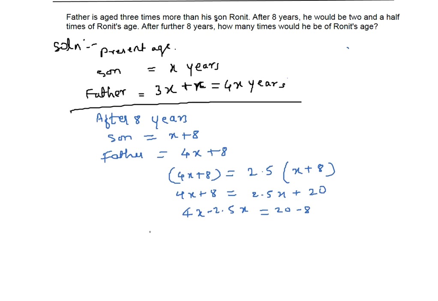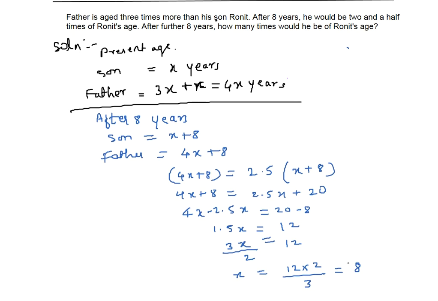Then we have 1.5x is equal to 12. We can make it as 3 by 2 x is equal to 12, because 3 by 2 is 1.5 only, so we have simplified it. So x is equal to 12 into 2 divided by 3, so this becomes 8. So we solved for x.